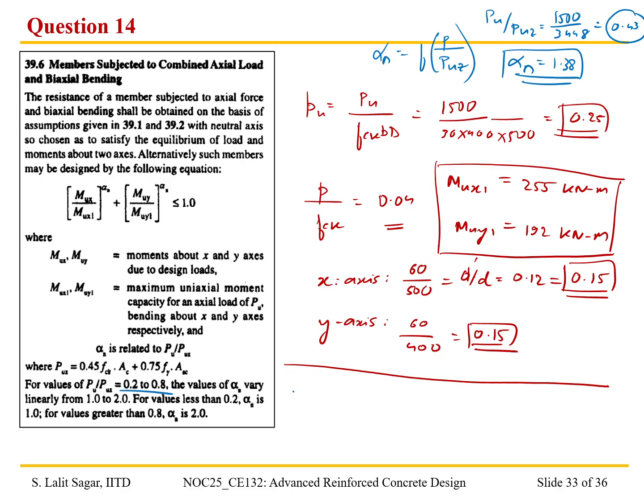So we can substitute this value in the biaxial moment capacity expression, that is, what is mux? 92 divided by 255, raised to the power 1.38 plus, what is MUY?